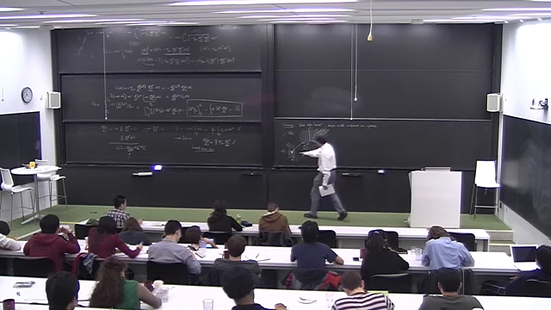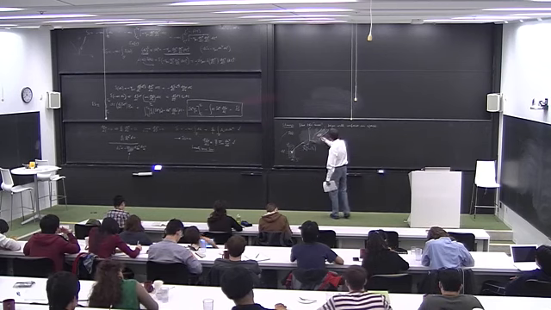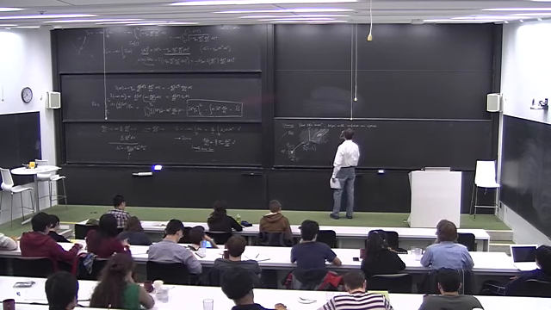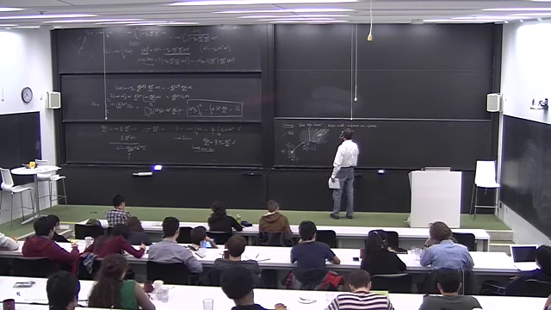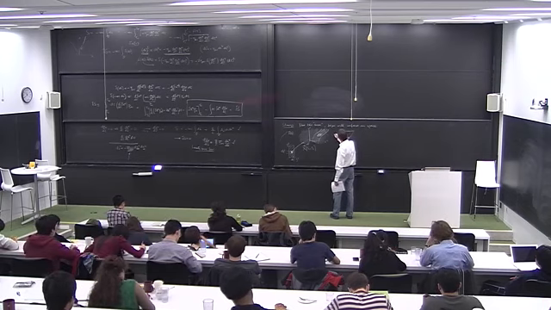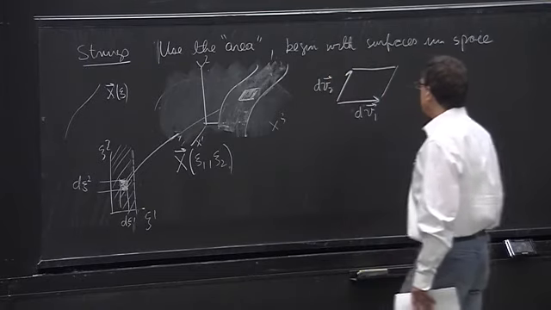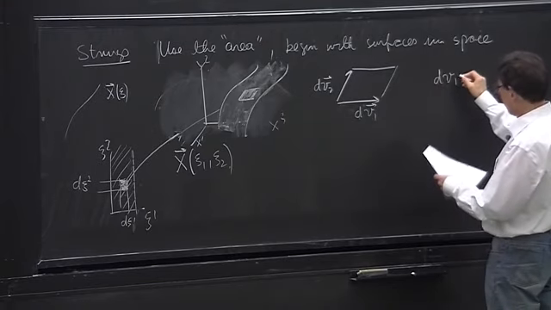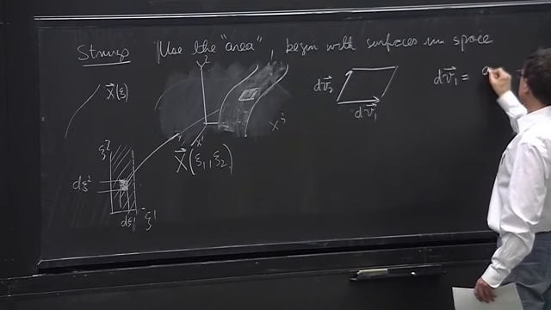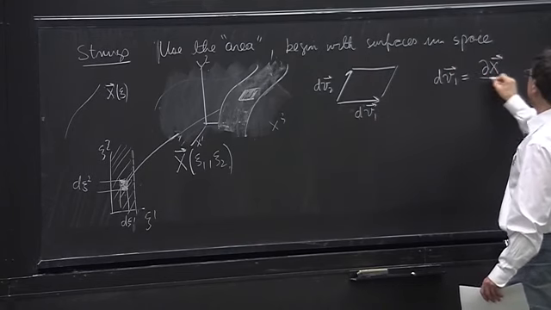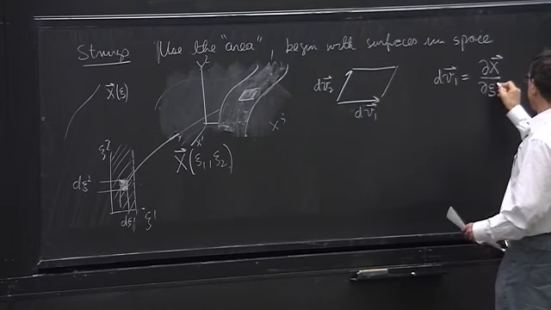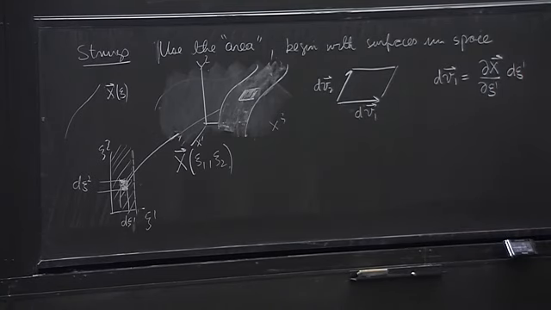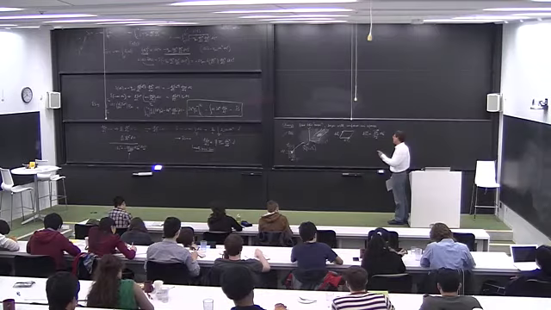We imagine that this is the little parallelogram. I'll write it like that here. This I'll call dv1, the vector v1. This is the vector v2. So the vector dv1 is the x vector with respect to psi 1 times d psi 1. Try to imagine why this is so.